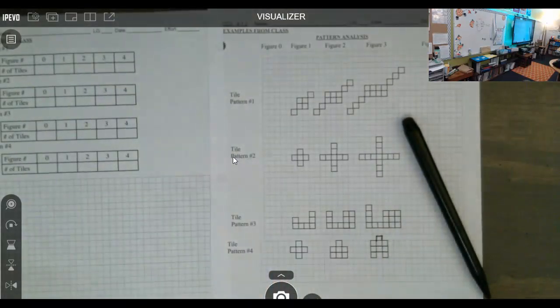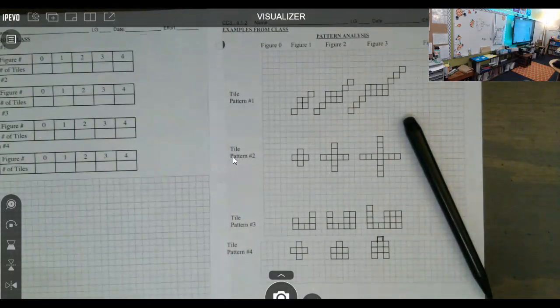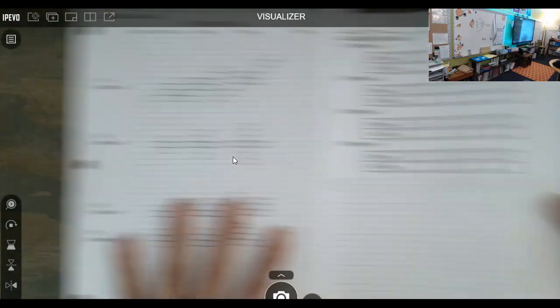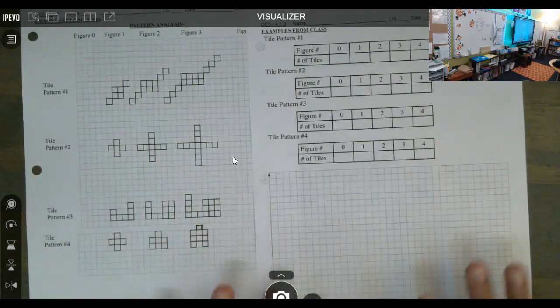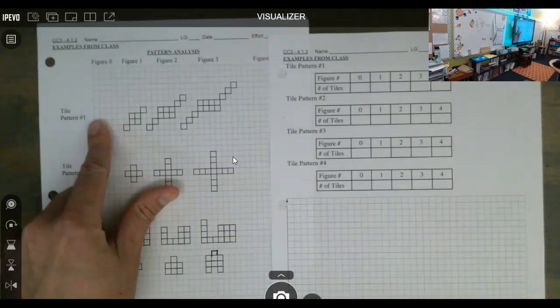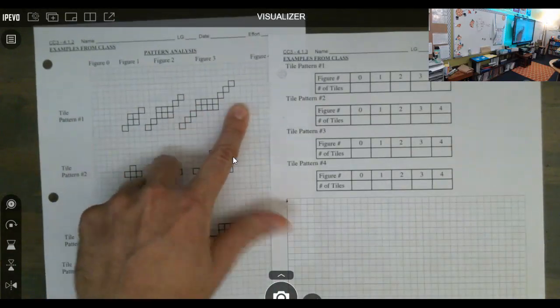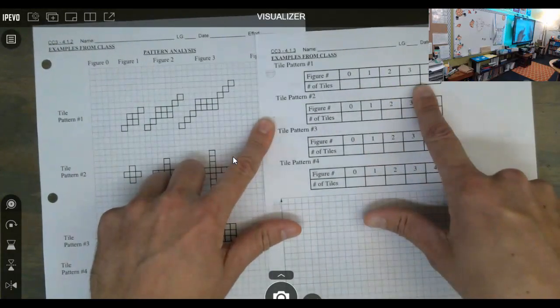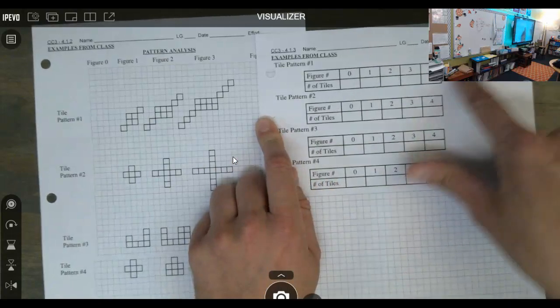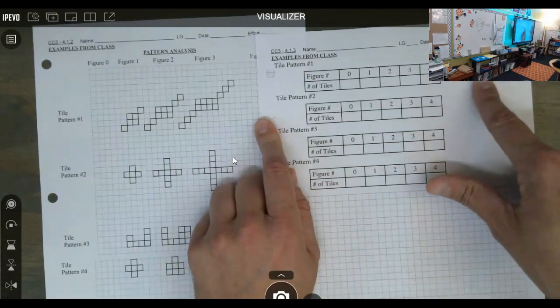Hey, I need the 4 people that are choosing to make noise right now to stop, just so I can finish instructions and let you guys work. I'd probably actually set my papers like this. I don't know. You can do what you want. Counting the number of tiles that we have in our figures, we're going to fill those numbers in over here. And if you start to recognize a rule and you want to try to formalize a rule, we're going to put that here.